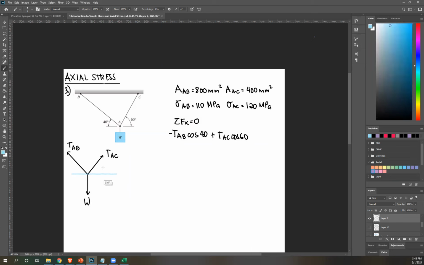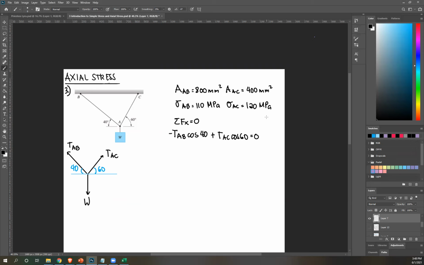Then take note of the angles. This is 60. This is 40. That is how I came up with this equation. Okay, so to the left, therefore negative. To the right, therefore positive. There's no other horizontal forces, so equate that to 0. As you can see, there's nothing to solve for here yet. So we'll let that be.